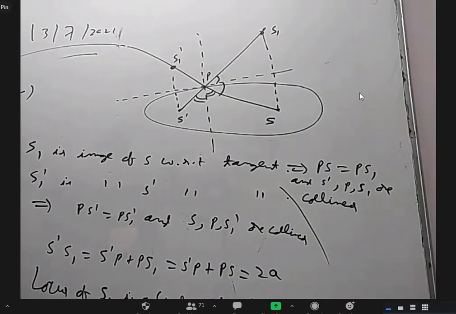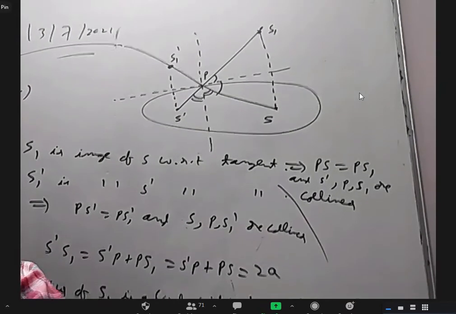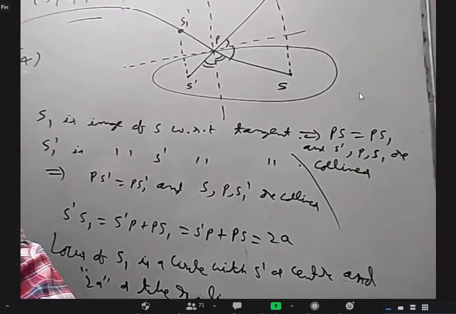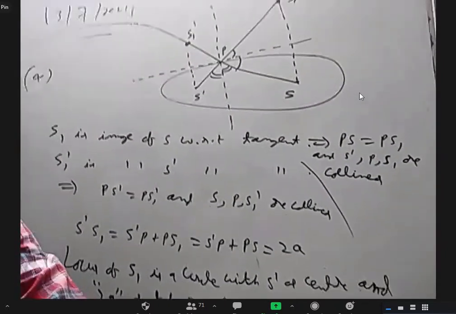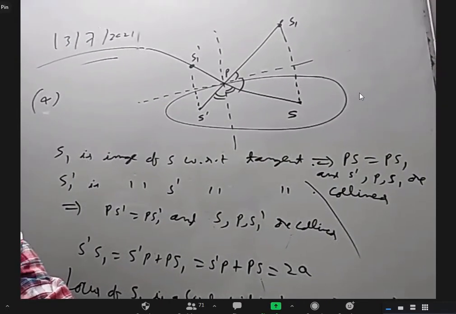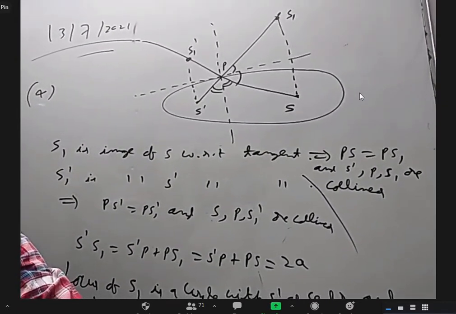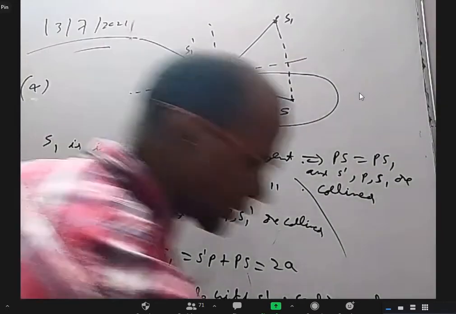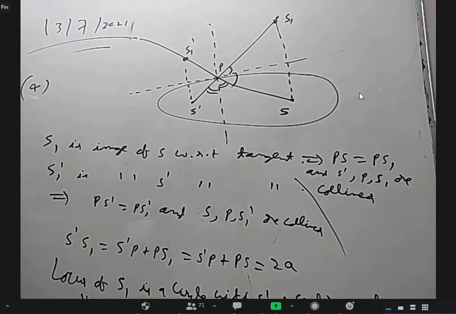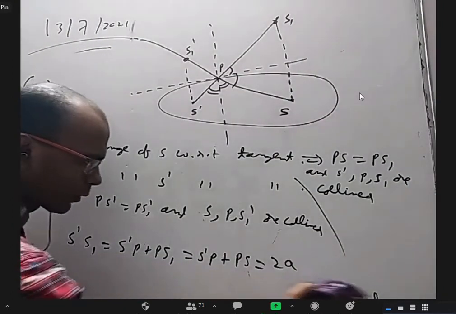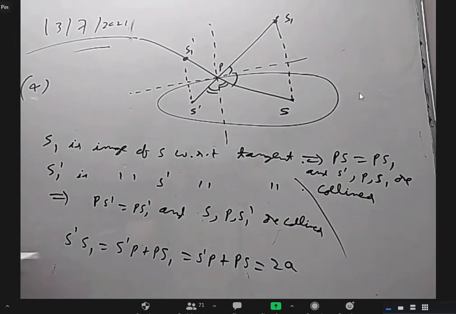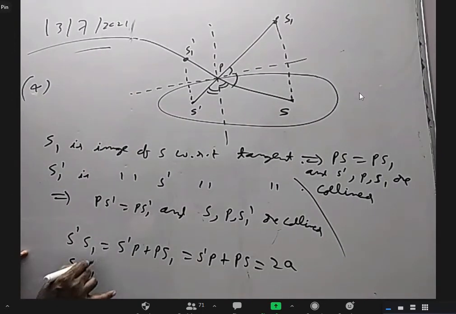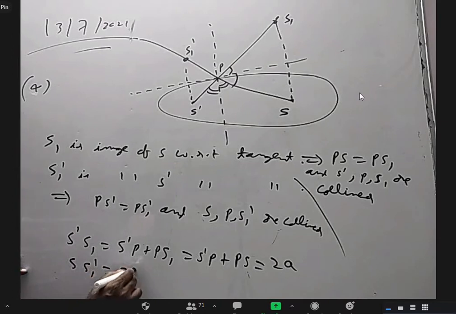We cannot see that. Okay, I'll try to write in the visual portion. Okay, right there, let me write: S1 dash is SP plus PS1 dash.